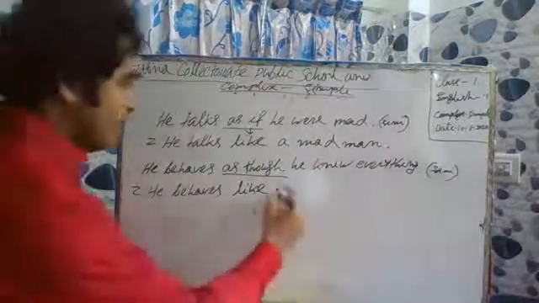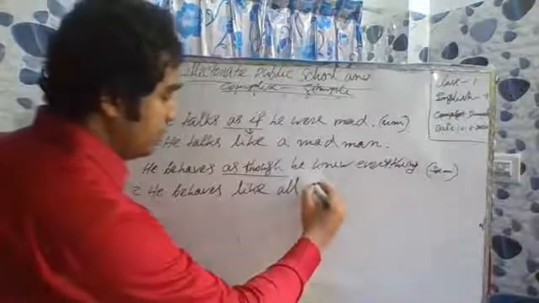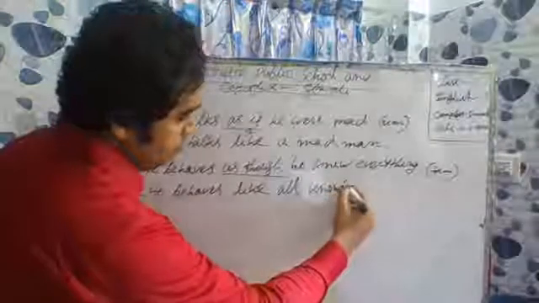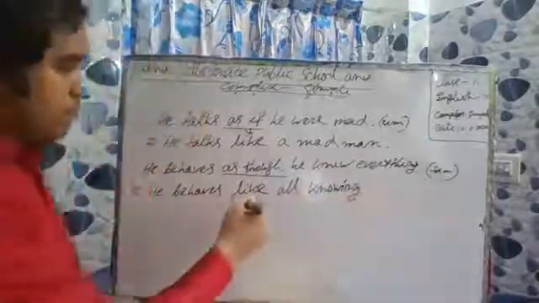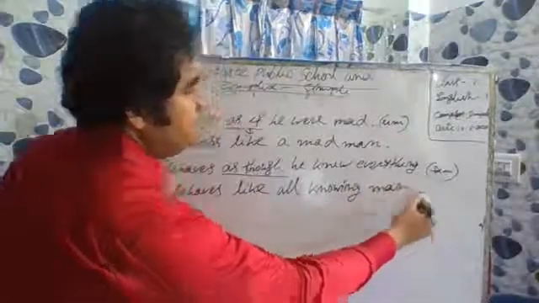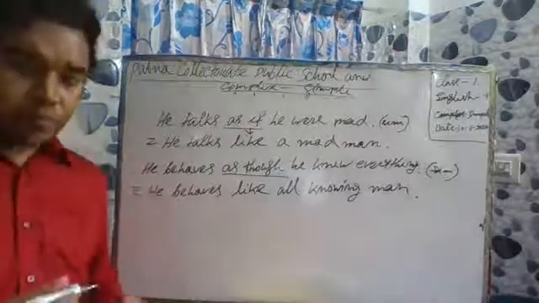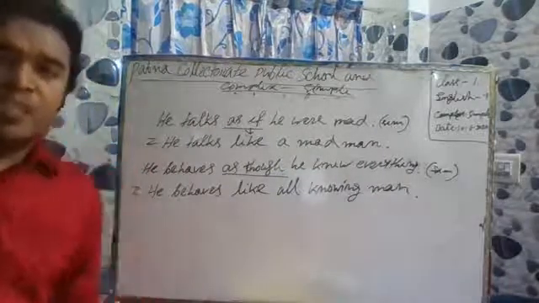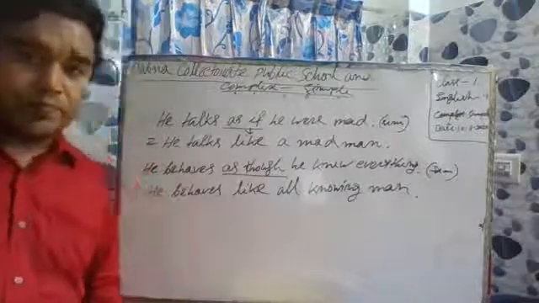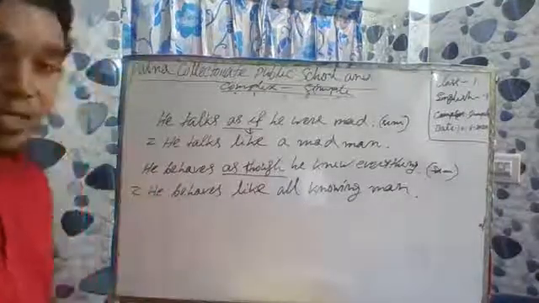He behaves like an all-knowing man. That means he pretends to be a really intelligent man. Hope you have understood the rule, dear student. I am going to the next rule.